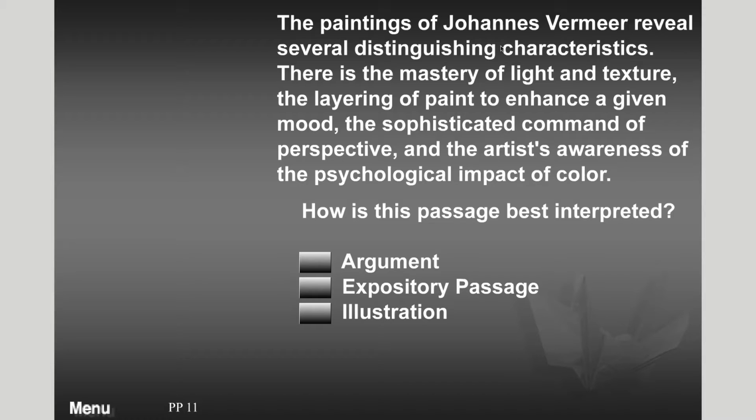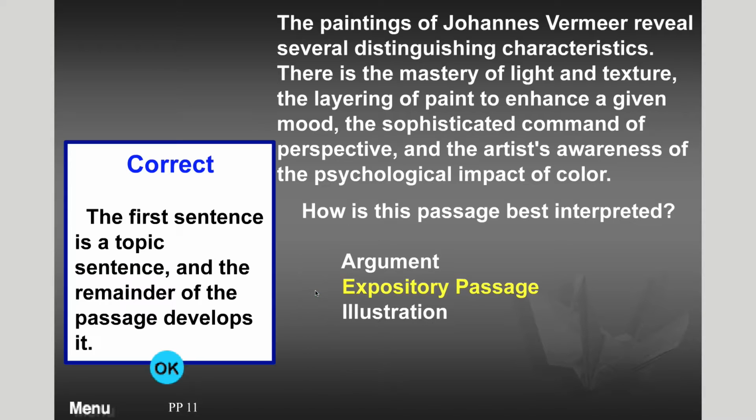They reveal several distinguishing characteristics. Is it expository or is it an illustration? It's given an expository relationship to that first sentence. Always look at that first sentence. All that the rest of the passage does is develop the case that it's several distinguishing characteristics.